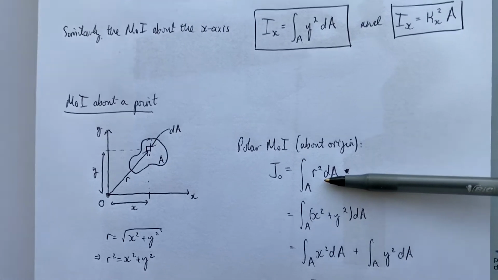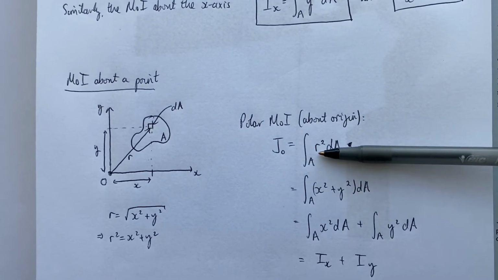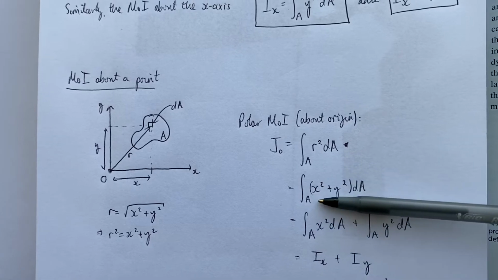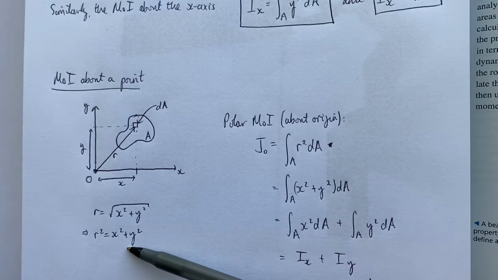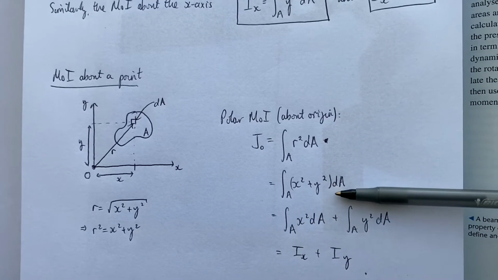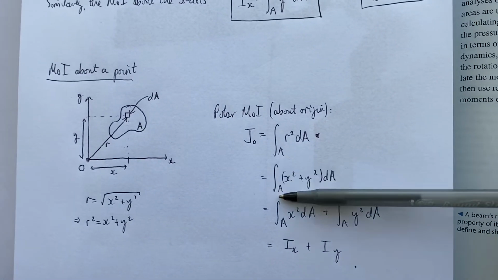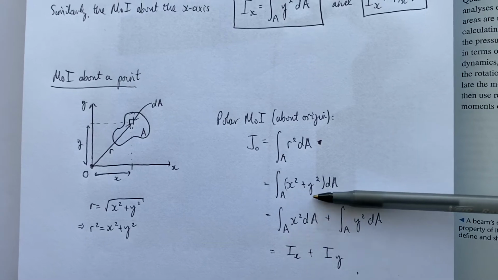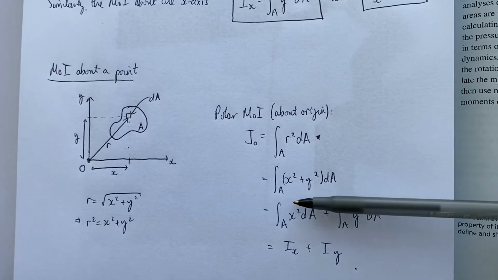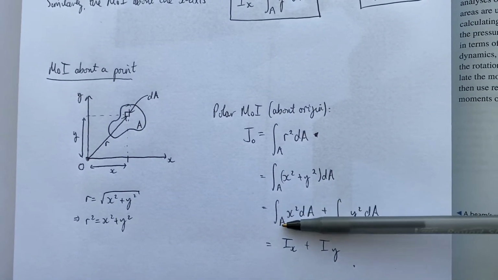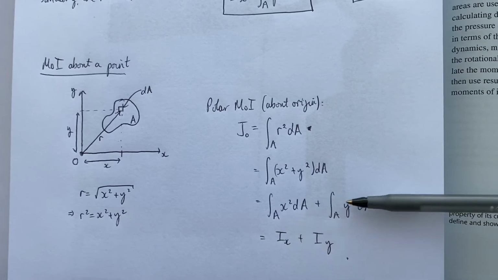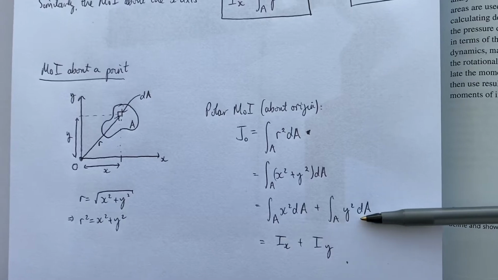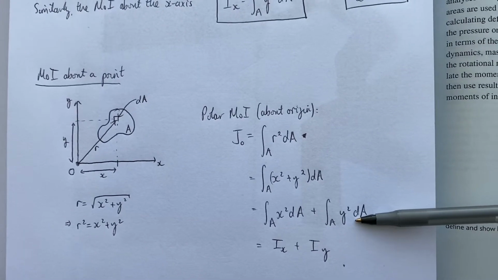And as we've just shown, this r squared can be written as just the sum of x squared plus y squared via this little bit of trigonometry down here. And then using the laws of integration, we can split this integral up into two separate integrals: the integral over A of x squared with respect to A, and also the integral over A of y squared with respect to A. And look what we have.